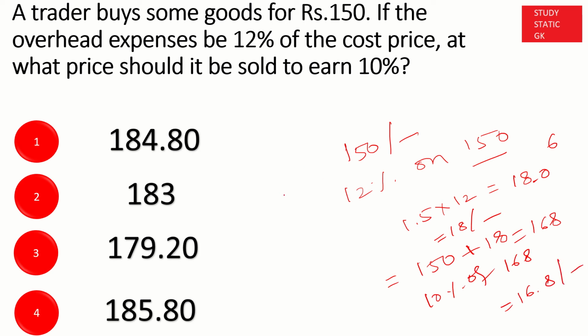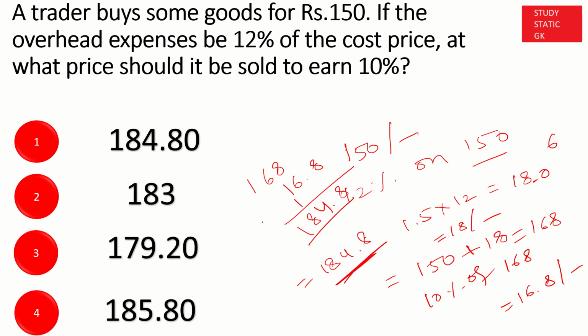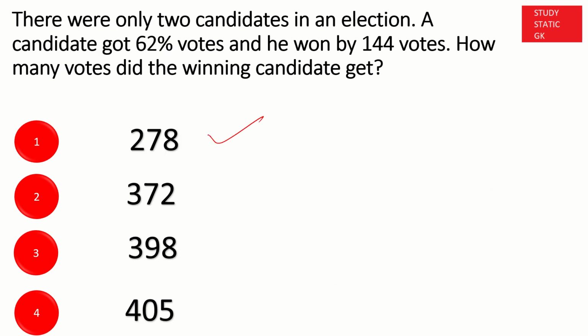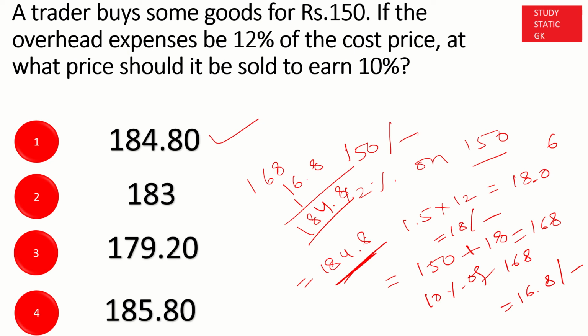So if he wants 10% profit, his selling price is 168 plus 16.8, which is 184.8. So the answer is 184.8.